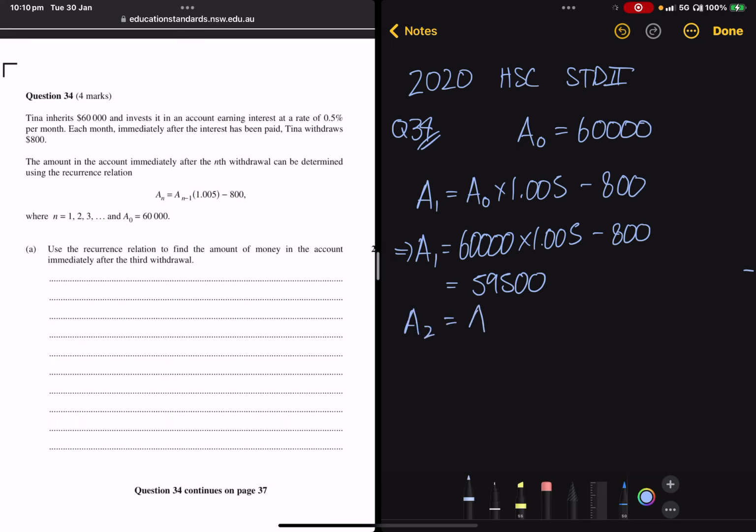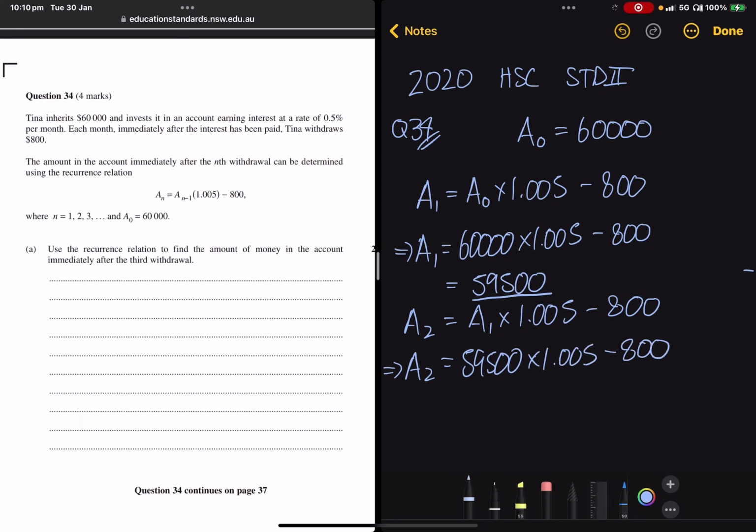Now we need to do this again. A2 we know is A1 times 1.005 minus 800. This implies that A2 will be the amount after the first withdrawal, which is A1, which is 59,500, multiplied by 1.005 and then minus 800.